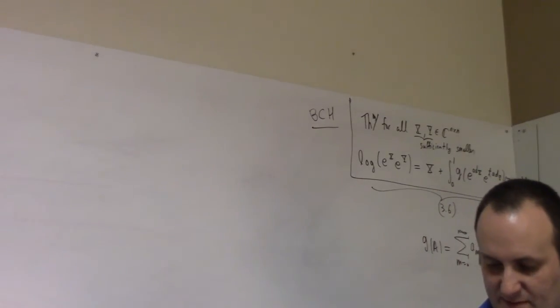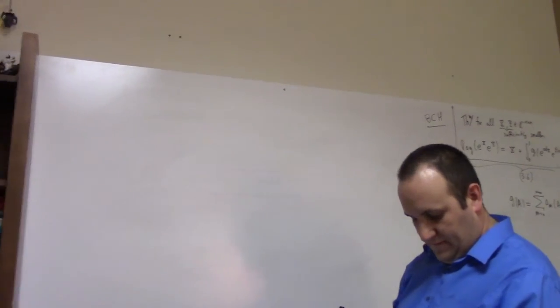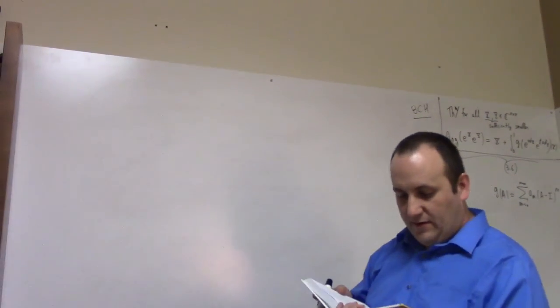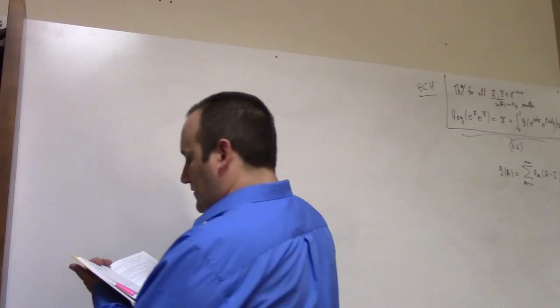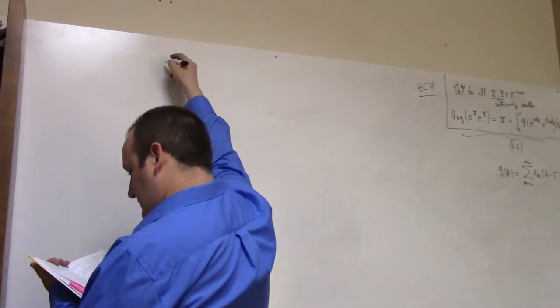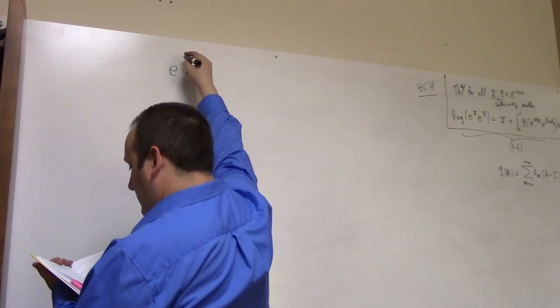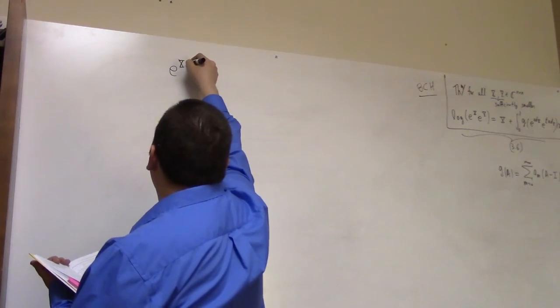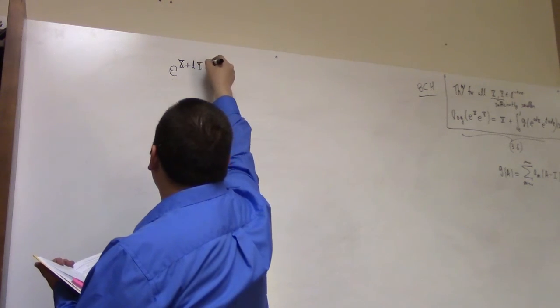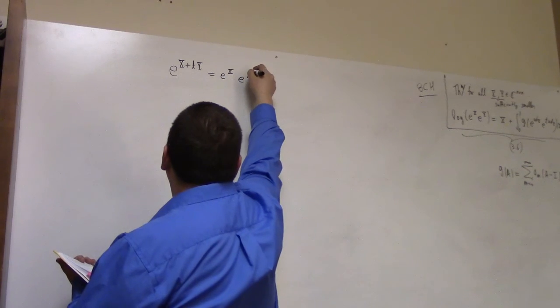Derivative of the exponential mapping, section 3.3, is full of really, really interesting calculational ideas, guys. So, let's follow along here. He's saying, if x and y commute, then e to the x plus ty is equal to what? Well, it's just equal to e to the x, e to the ty, right?